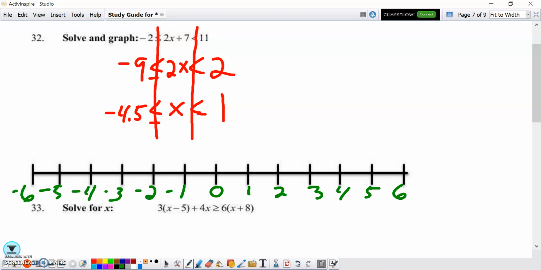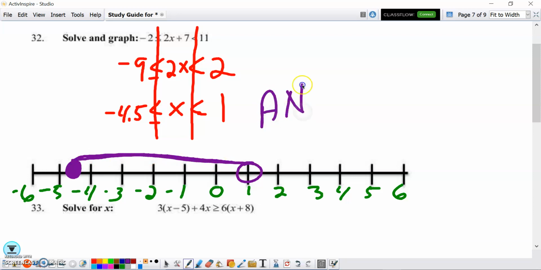All right. So we've got an open dot on the 1. We've got a solid dot on the -4.5. So I'm going to say that right here is the -4.5. And I'm going to connect the two dots because it's an and situation.